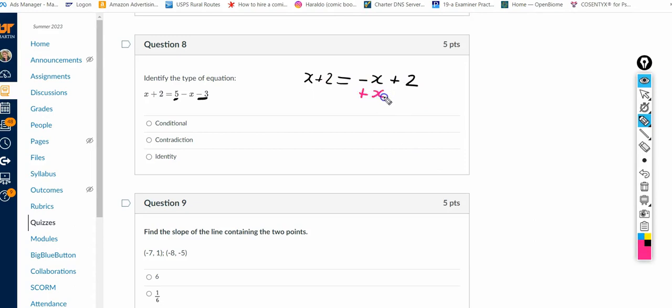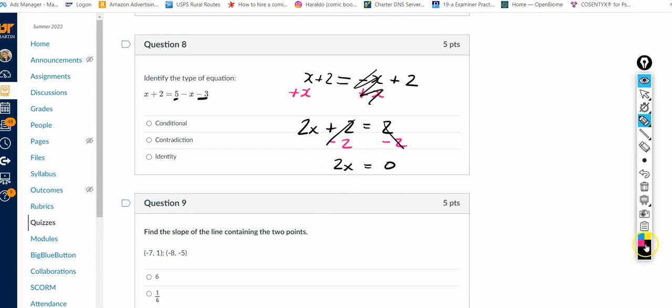Because I want to get rid of this one. So when I do that, this will cancel. And I'm going to be left with x plus x is 2x. And now let's subtract 2 from both sides. So these will now cancel, and I'm going to have 2x is equal to 0.